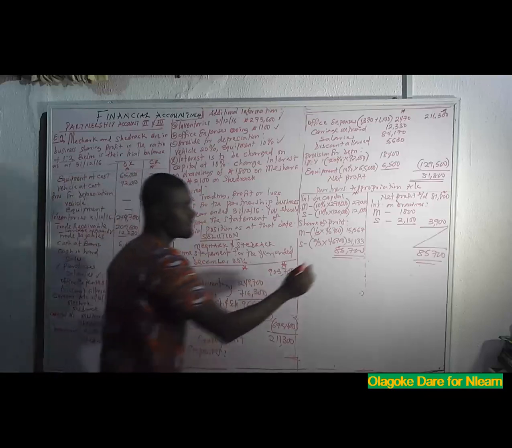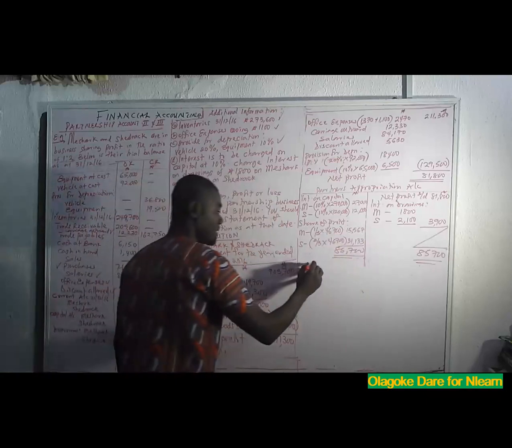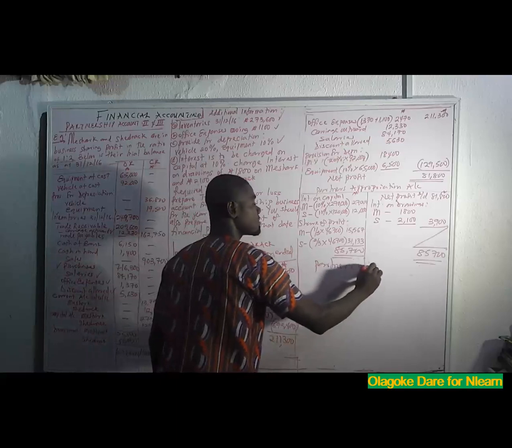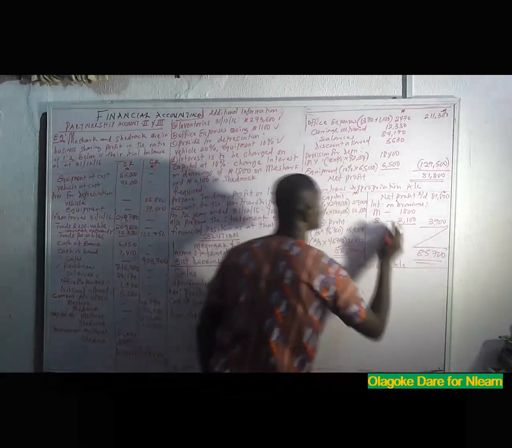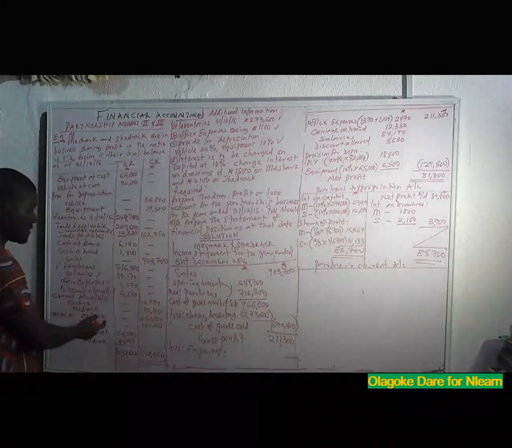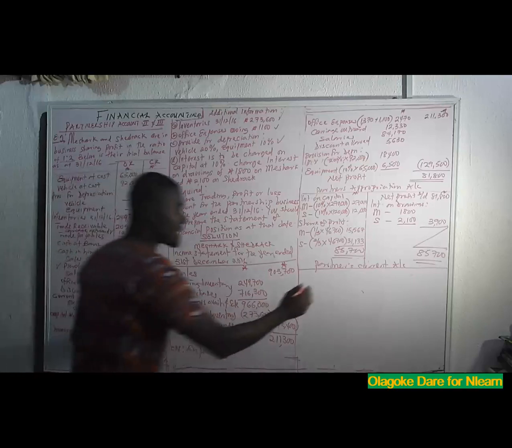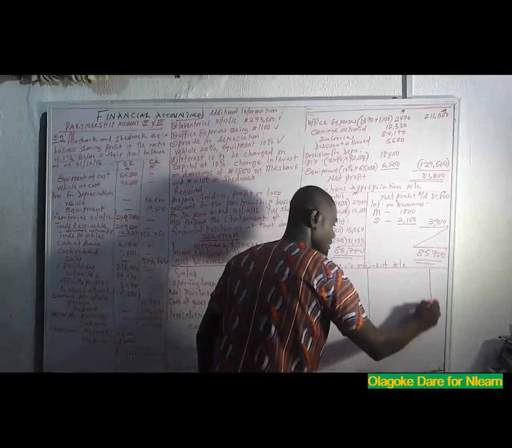But before then, let me prepare my partners' current account. We all know that the capital account remains the same. Alright, my capital account is this. So let me prepare the current account and see what is in my current account balance.